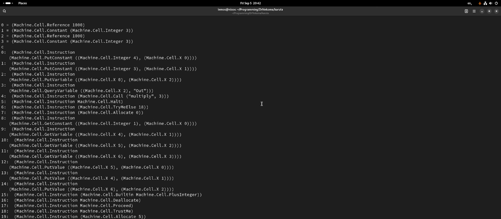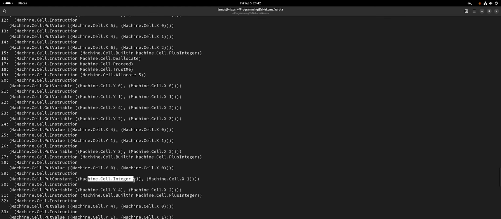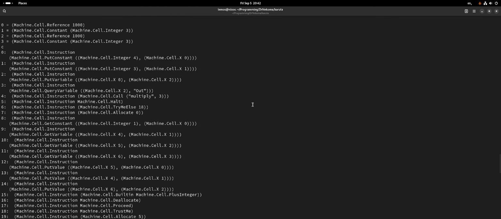I'm very confused right now. Is the -1 here by any chance? Yes, it is. I'm very confused, brother. This is actually the multiply 4. Oh, okay. So this is the base case of the recursion then.